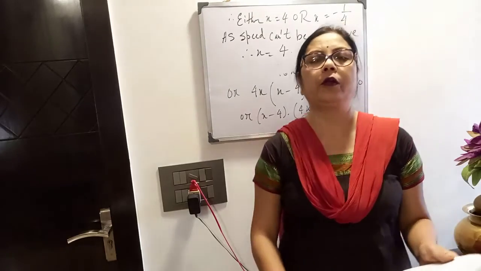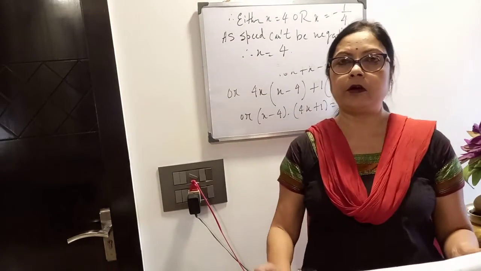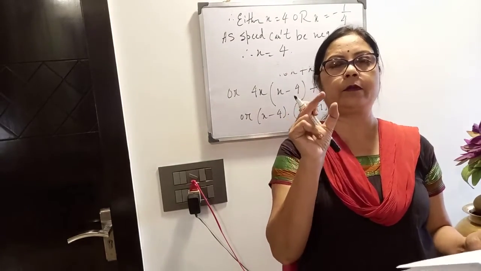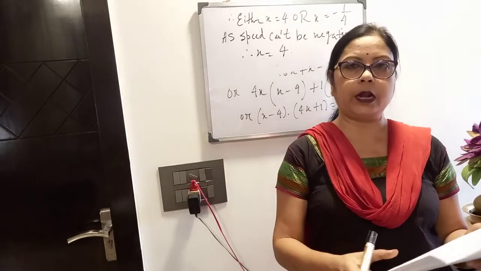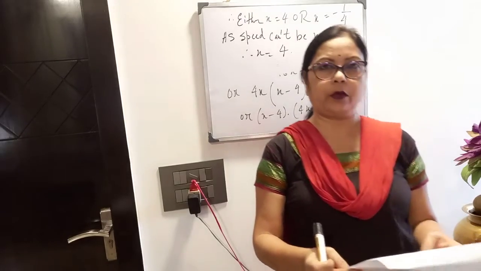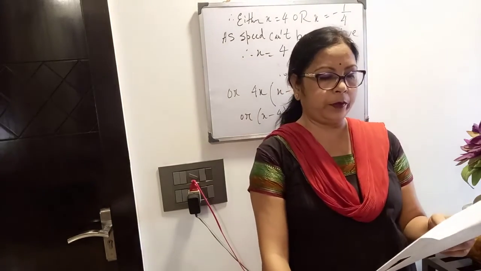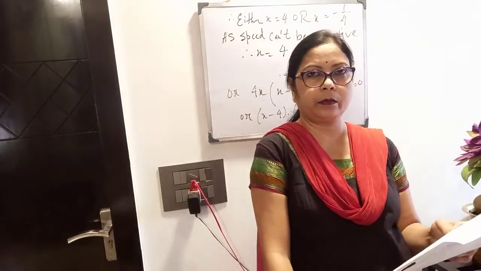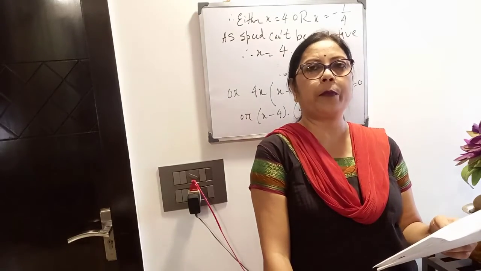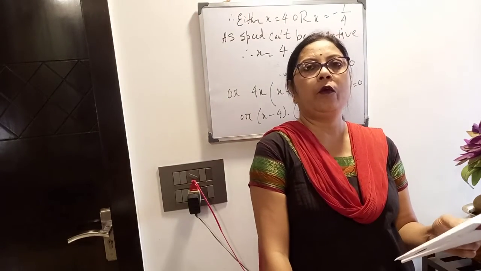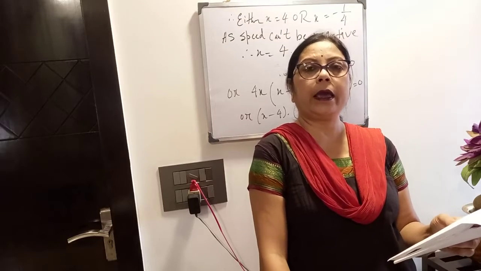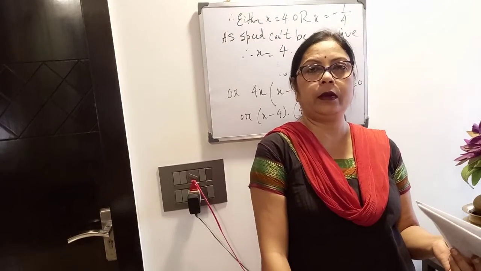Clear? So we will consider here, let the price of 1 dozen pen, that means 12 pens, be ₹x. Then what will be the number of pens in ₹30? Number of pens in ₹30 will be 30 by x dozen. Clear?